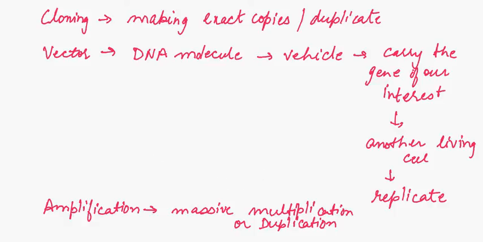So let's start with the basics of recombinant DNA technology. Recombinant DNA technology is based on genes. A gene is a stretch of DNA which can give you a characteristic.